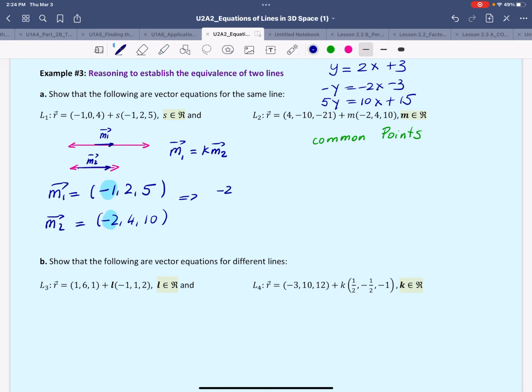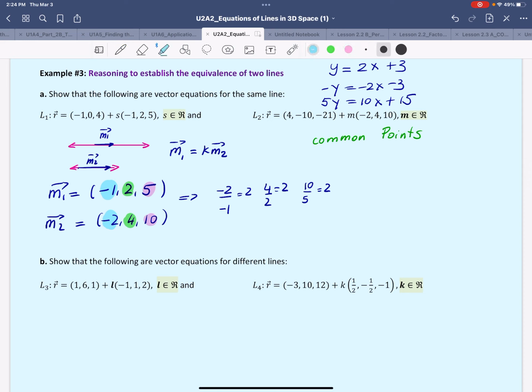So you have negative 2 over negative 1 for the x coordinates, which equals 2. For the y coordinates, we have 4 divided by 2, which is again 2. And for the last coordinate z, we have 10 over 5, which equals 2.